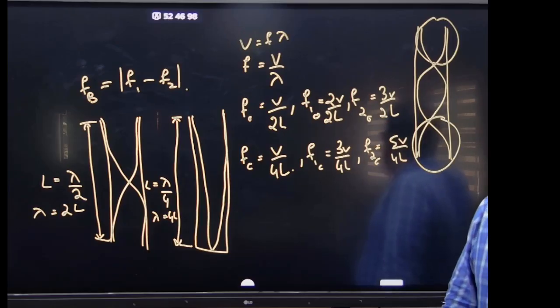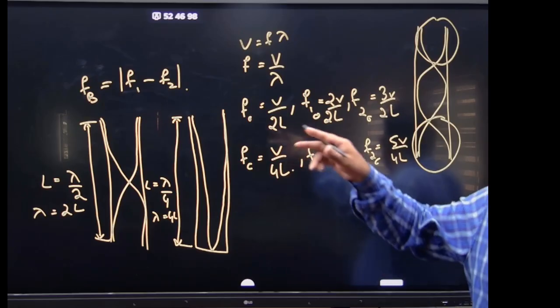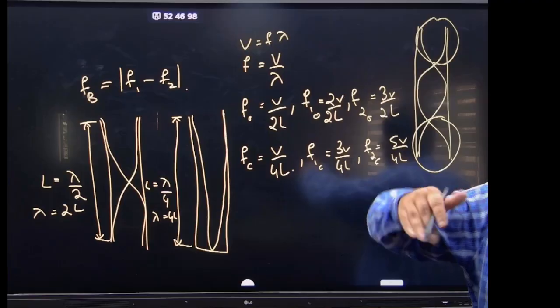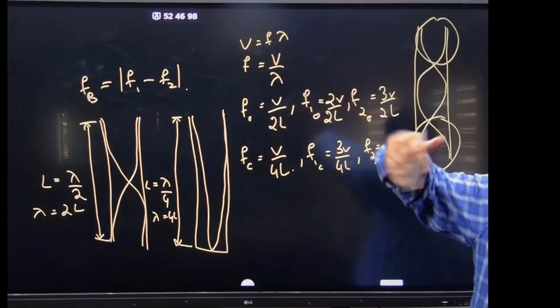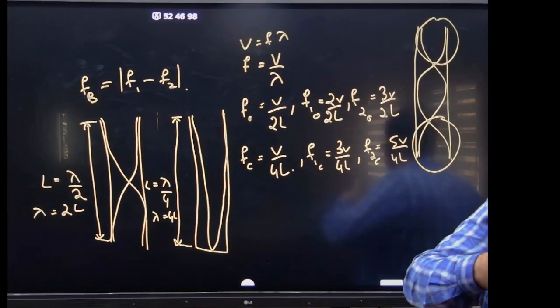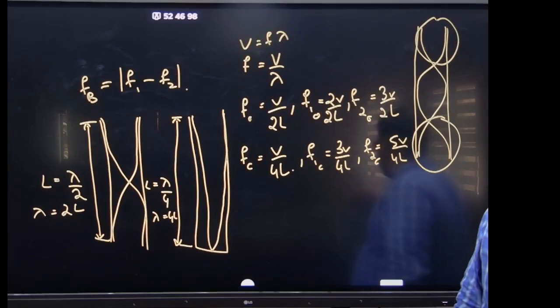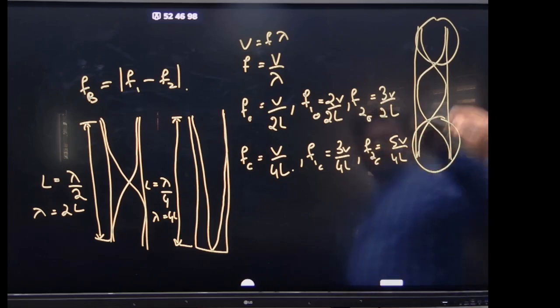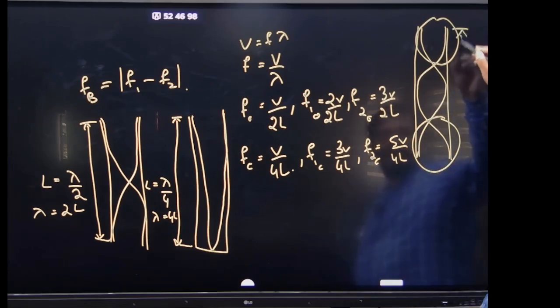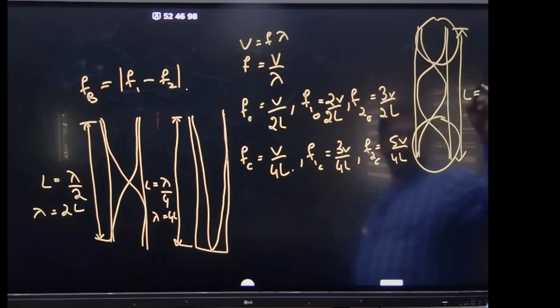Over means extra, first means first, tone means wave. Tone means vibration, wave. Okay, so this is called the first overtone. Understood? Any doubts in this? Now when you go for this, this will be L equal to lambda.